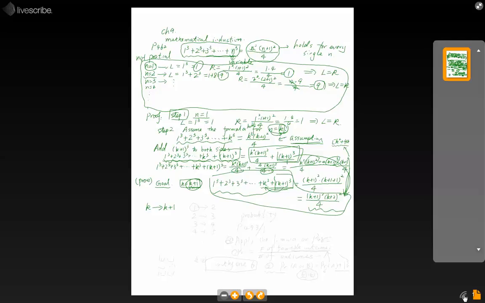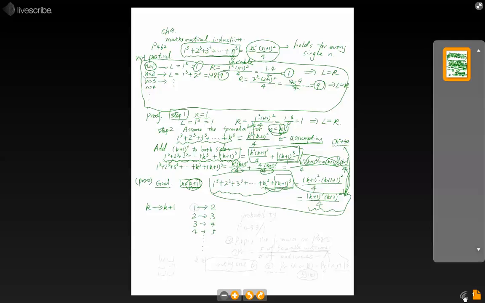And then k can change. So if k is 1, and the formula holds for 1, then the formula holds for 2. If the formula holds for 2, then the formula holds for 3, because if k is 2, then we can get 3. If k is 3, I can get a 4. If k is 4, I can get a 5. So this can continue because k can change.